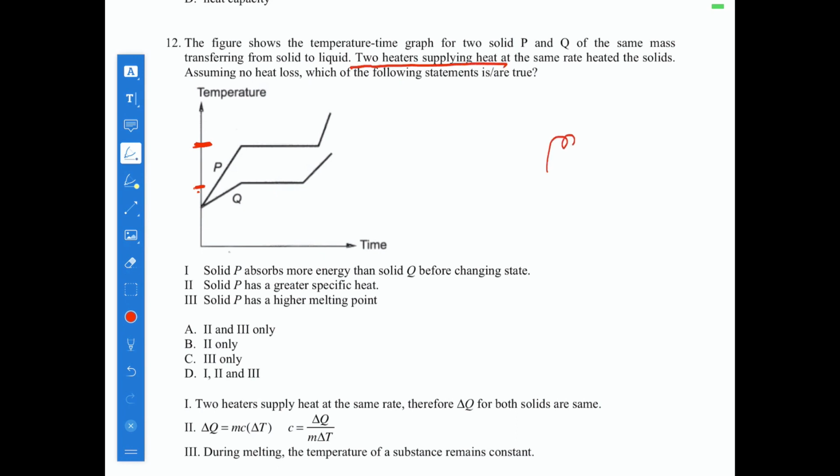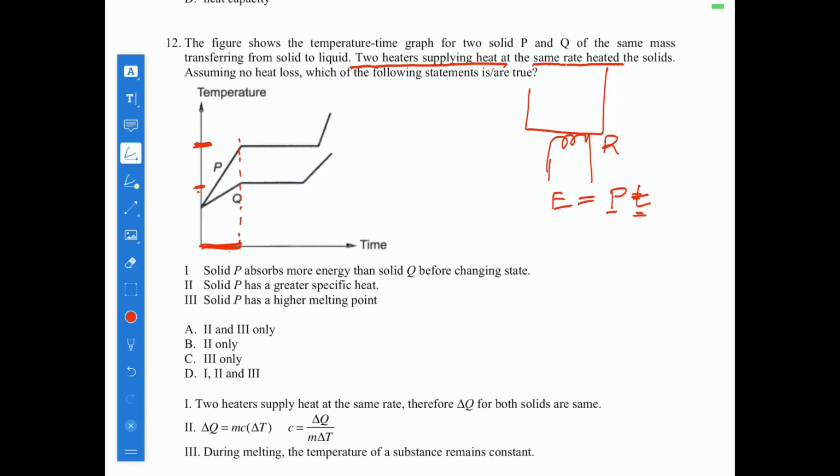So you can say this is a resistance here. So you can look at the power. The power is the same. So the total energy is power times T. Because they are at the same rate of heat, the same power, same time, P and Q actually absorbed the same amount of energy.